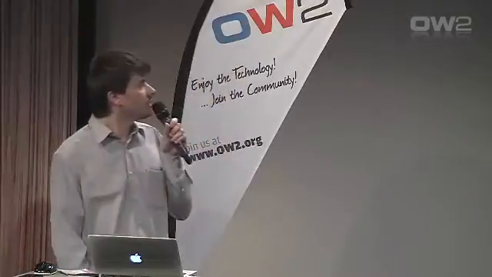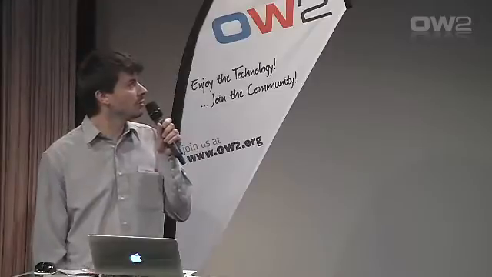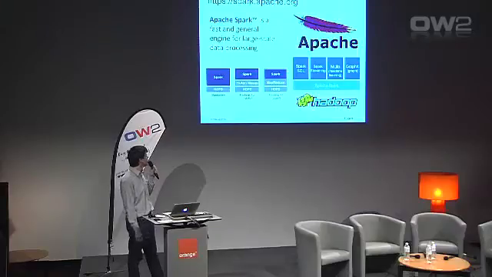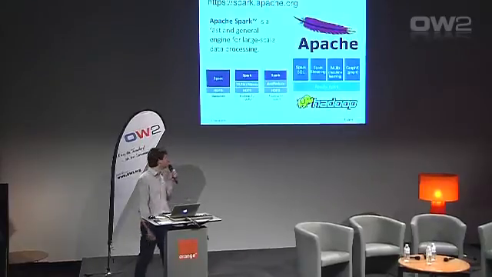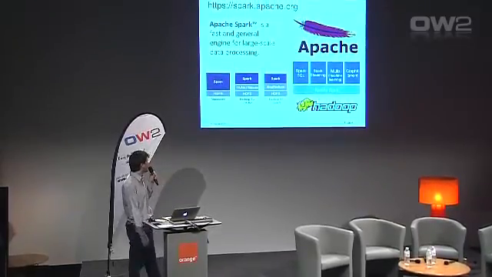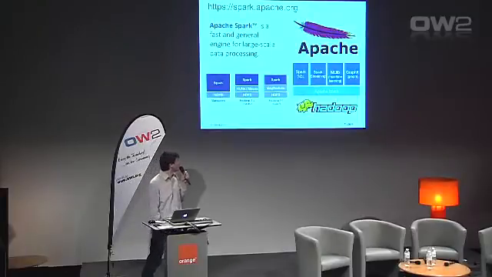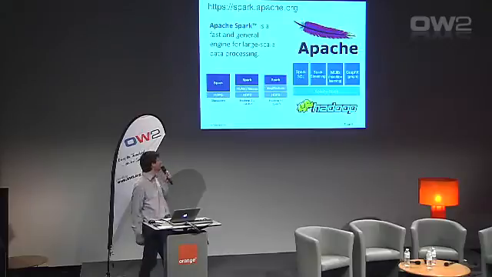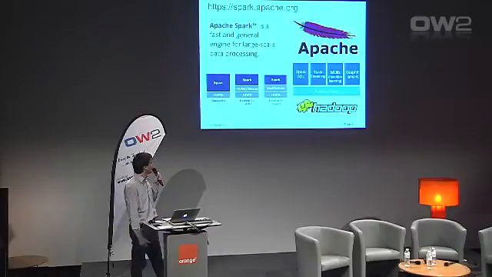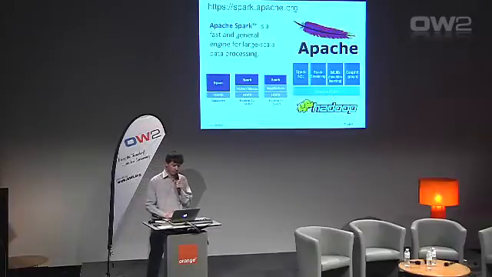And in Spark, you have four sub-projects. You have Spark SQL, to query Spark through a SQL language. Spark Streaming is to do real-time integration. It's a micro batch. We have MLlib, which I will speak about. And you have GraphX to do graph analysis.